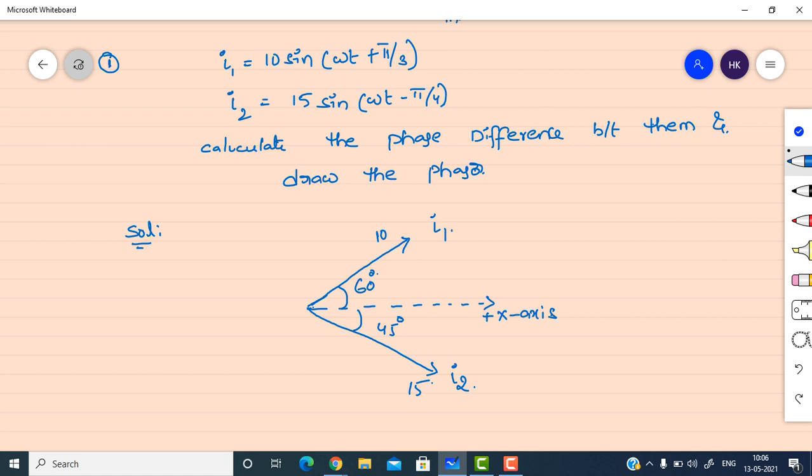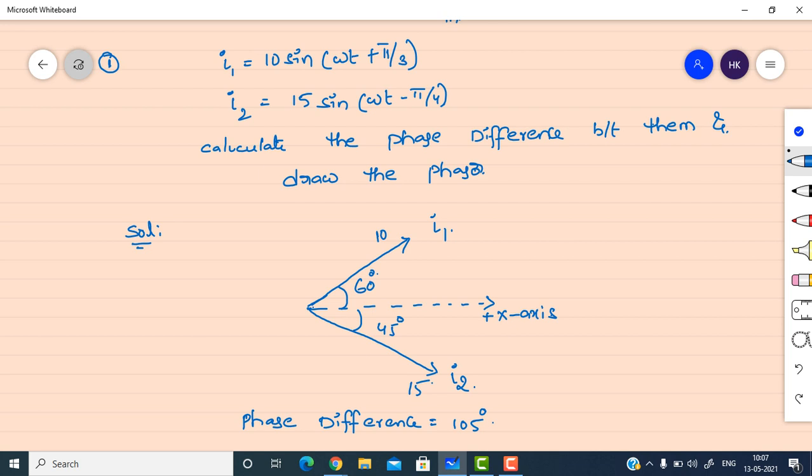Now what is the phase angle difference between these two? What is the total phase angle difference between these two? Yes, 105 degrees. That is the phase angle difference. Why are you adding these two?